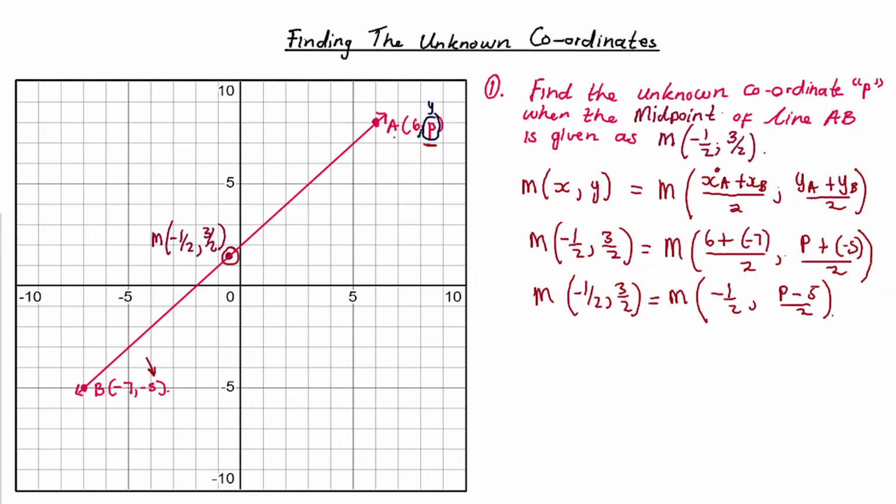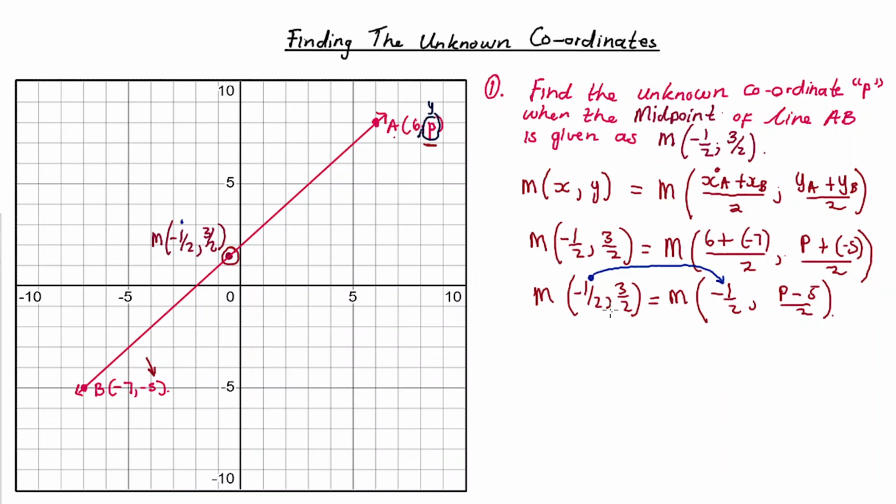Do you see what's happening now? I hope you do. So the x coordinate from the midpoint is the same as the x coordinate we calculated on the right hand side. So it's basically the same coordinate, but on the left hand side we are given the midpoint, so I just substitute it as it is. On the right hand side I have to calculate it, right? Why am I doing this?